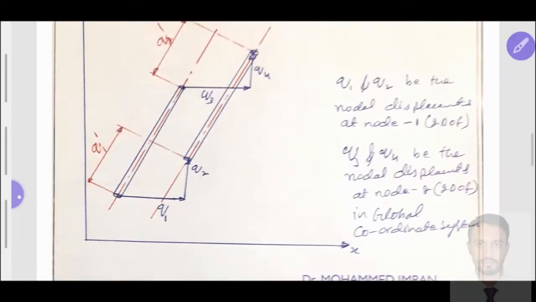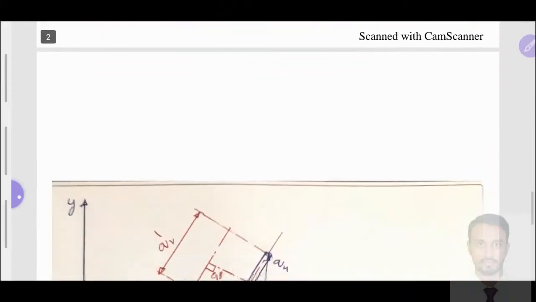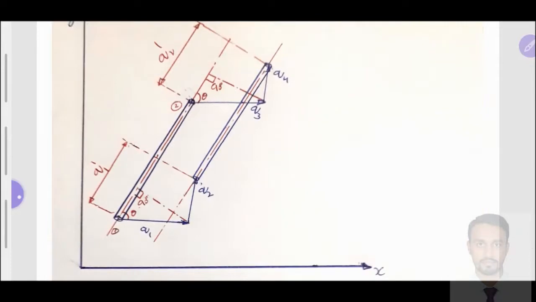After representing this, we need to resolve the relationship between the global and local coordinate displacements. Then we will get the values of q1 dash and q2 dash. To find that, we are doing this exercise in terms of q1, q2, q3 and q4. Now I will draw a perpendicular line with respect to the axis of the bar element towards the q3 axis.